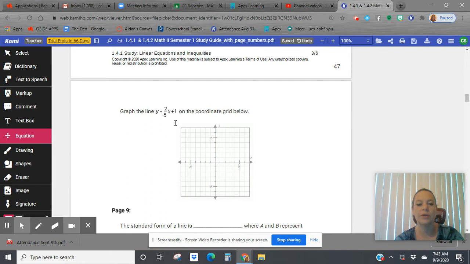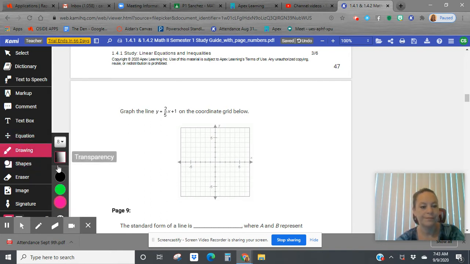Graph this line on the coordinate grid below. So I'm going to put my starting point at 1. Now, before I get started with that, I need to take out my m and my b from this equation.